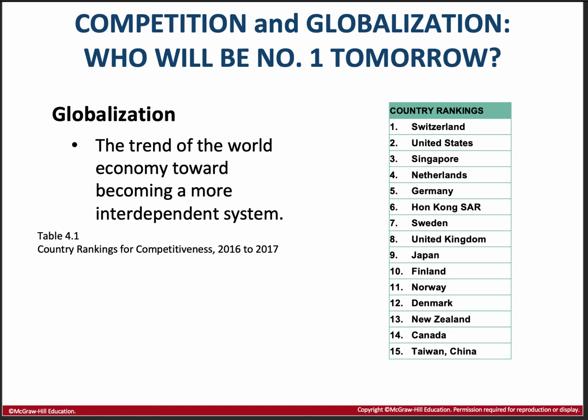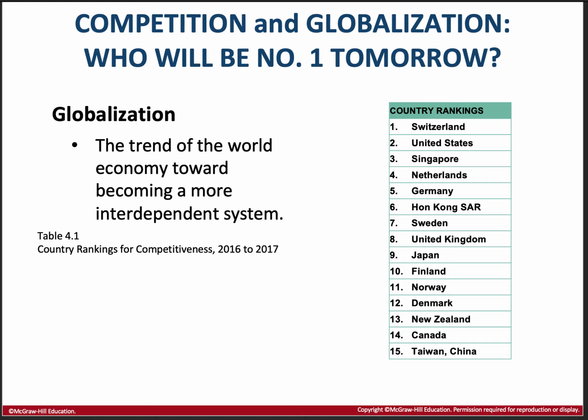It was part of their report, and it indicates that the U.S. is 3rd in terms of global competitiveness. Now, it shows the country rankings as 2nd here, but I believe that we probably have dropped to 3rd. So we're listed as 2nd here. I think we bumped up one, or we bumped down one, however you want to look at it.